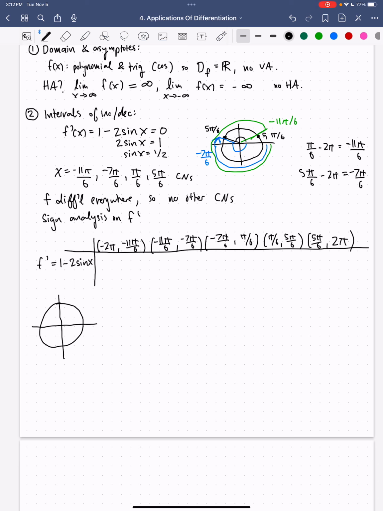And if we think about where 1 minus 2 sine x is going to be positive on the unit circle, well, that means then that if we move things around, that's where sine x is less than 1/2.